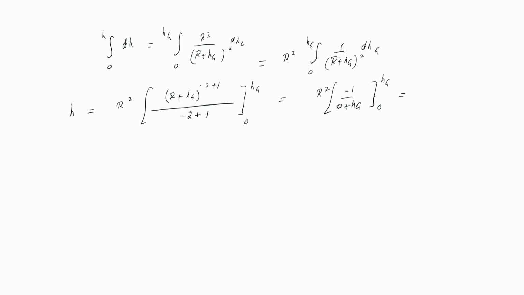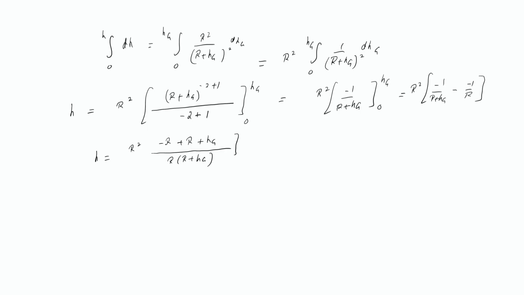Alright, and then substituting this hg over here. So r square into minus 1 upon r plus hg minus from minus 1 upon r. So here hg will become 0. So now h equals r square. The denominator we have r into r plus hg. So this becomes minus r plus hg.